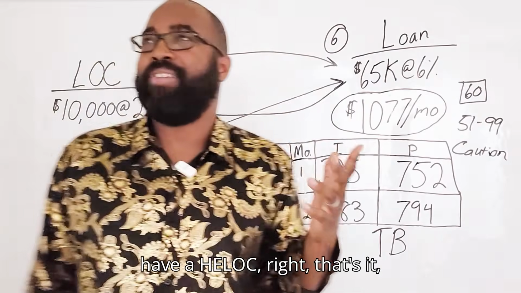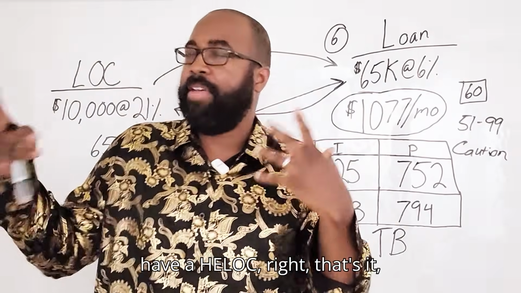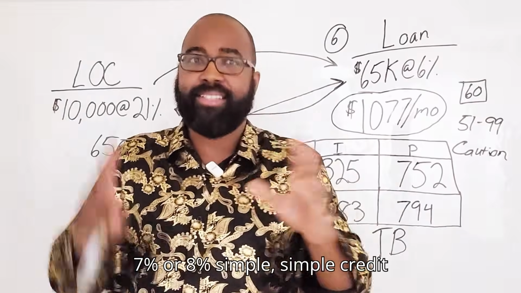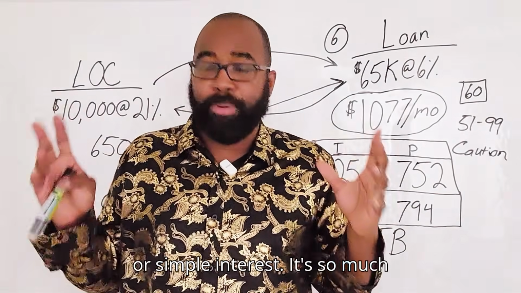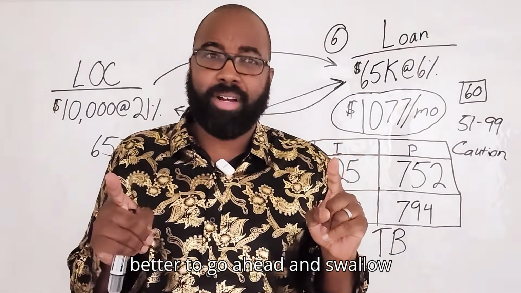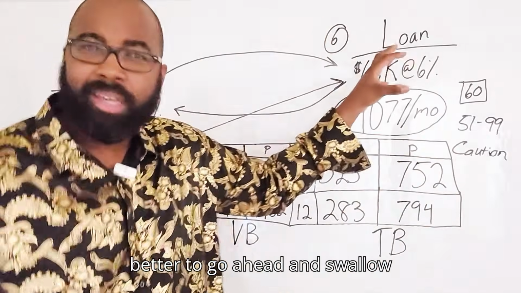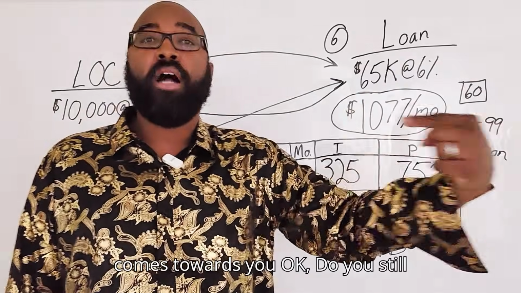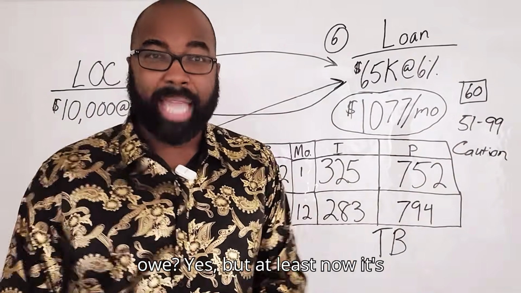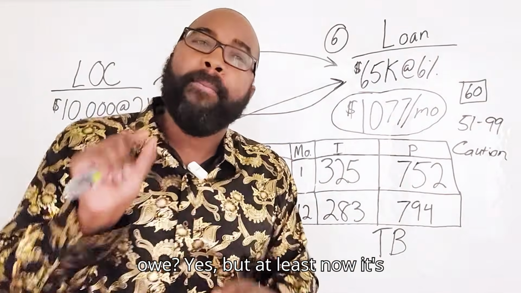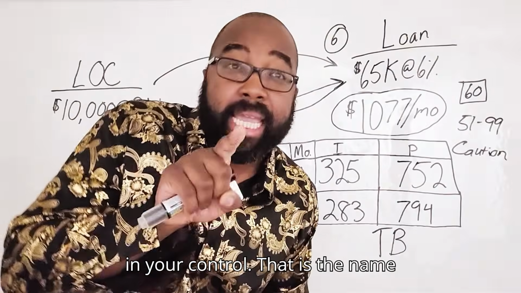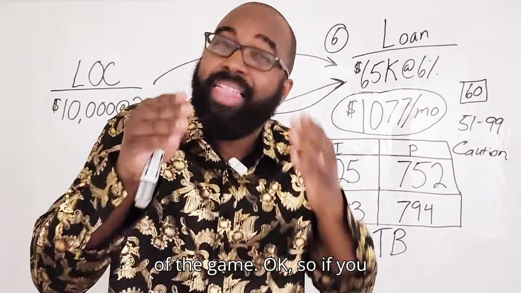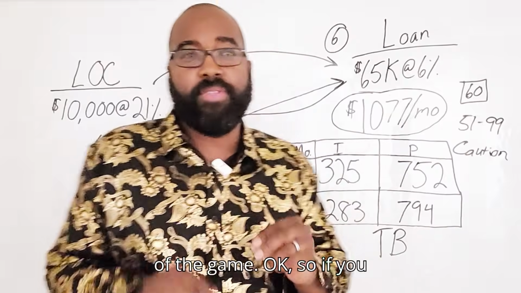So if you have a HELOC that's at 7% or 8% simple interest, it's so much better to go ahead and swallow up the $65,000 so that $1,077 comes towards you. Do you still owe? Yes, but at least now it's in your control. That is the name of the game.